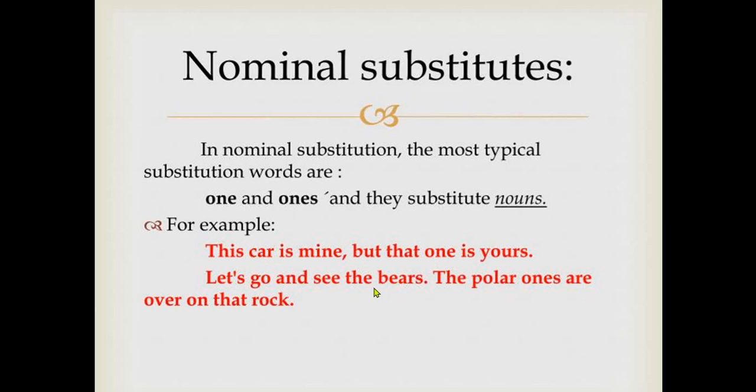Another example: Let's go and see the bears. The polar ones are over on that rock. Here ones is used in replacement of bears. Therefore it's called substitution, it just takes the place of a noun.